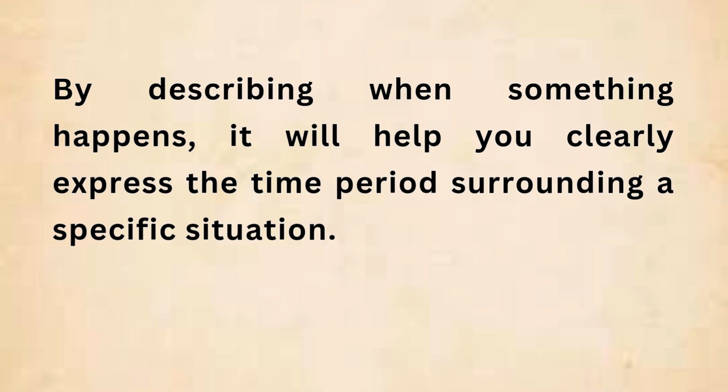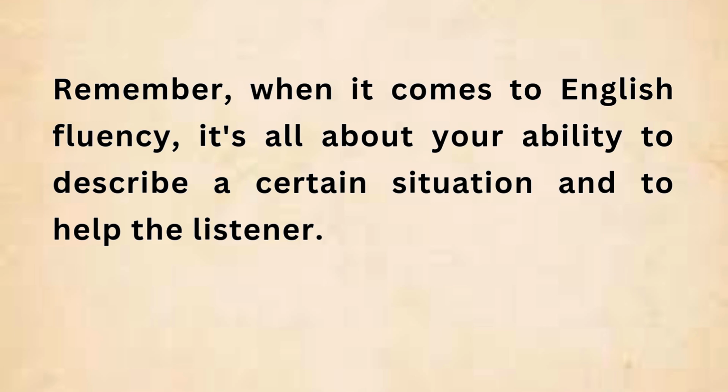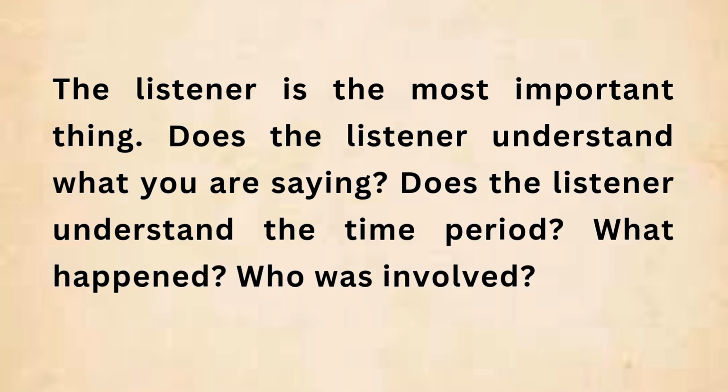By describing when something happens, it will help you clearly express the time period surrounding a specific situation. Remember, when it comes to English fluency, it's all about your ability to describe a certain situation and to help the listener. The listener is the most important thing. Does the listener understand what you are saying?